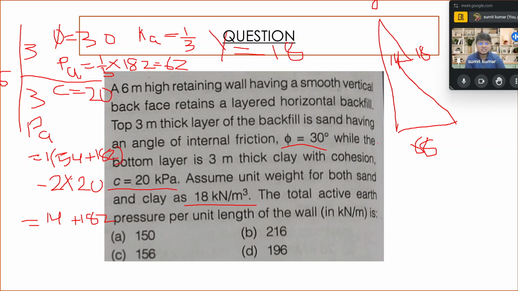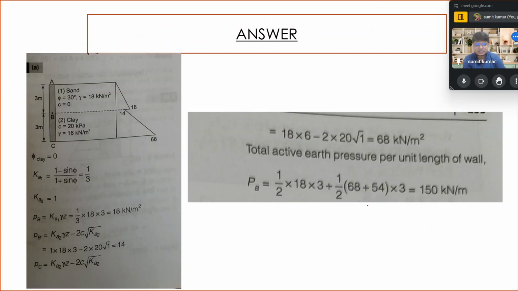So the value we are getting is 150. The area equals 150 kilonewton per meter. So the correct answer is option number A, that is 150 kilonewton per meter.